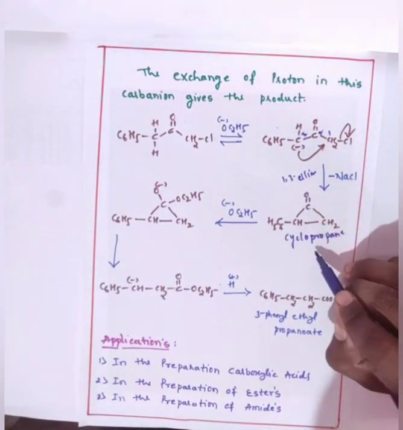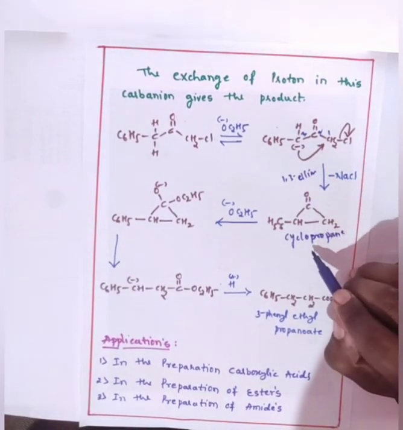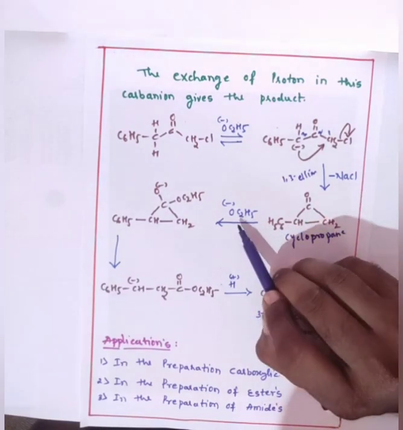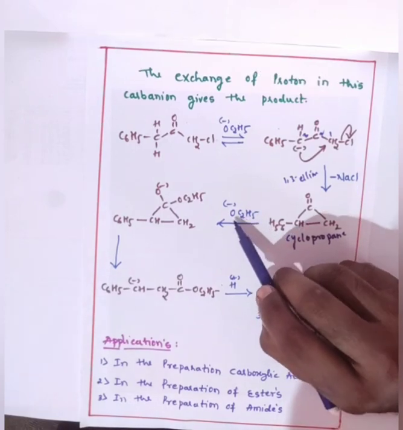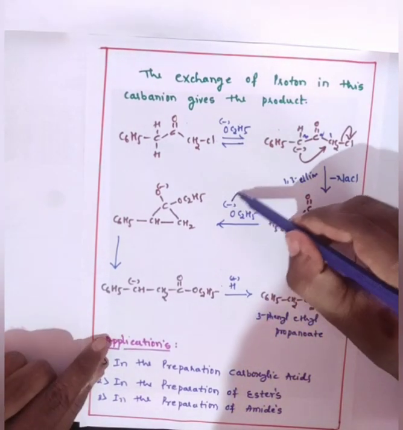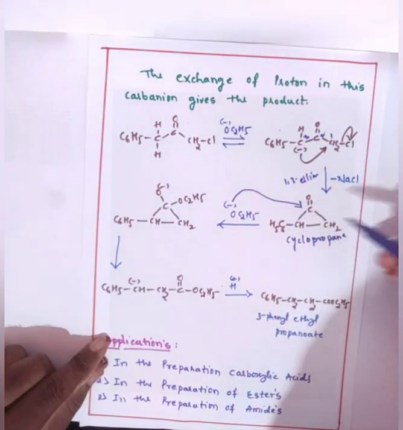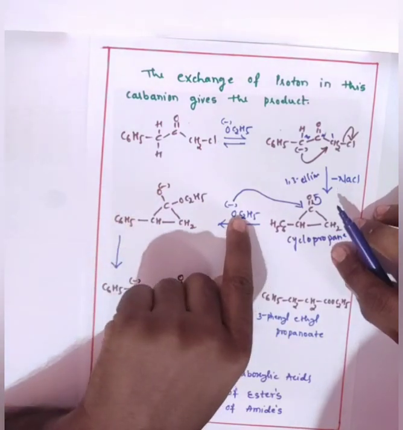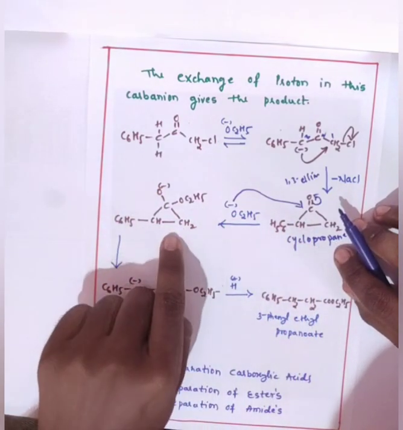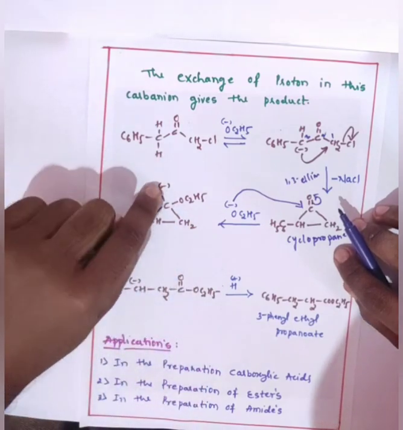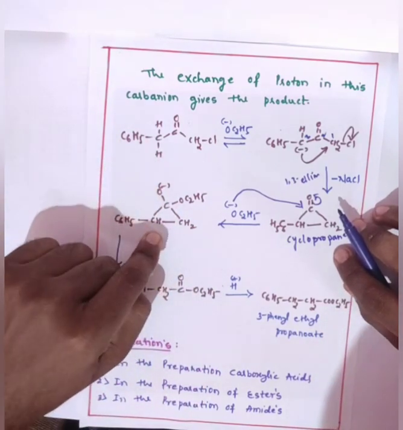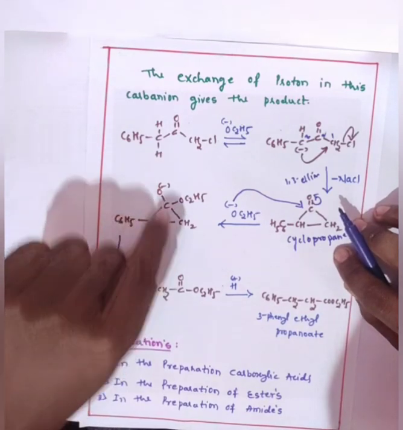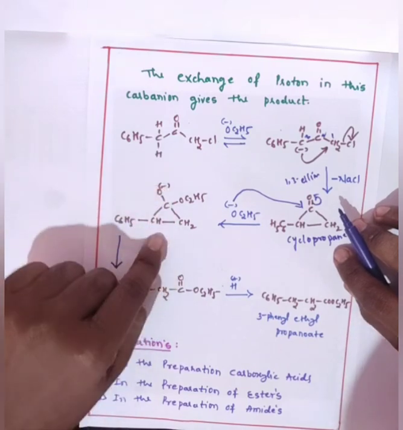So at this stage, the cyclopropane molecule is attacked by the base molecule, that is the ethoxide ion. So this ethoxide ion attacks this carbonyl group. After the ethoxide ion attacks the cyclopropane, it gives the next product, that is the oxygen anion intermediate molecule.